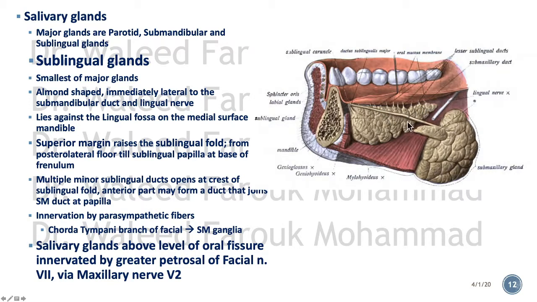And the gland itself opens by numerous ducts or ductules, see those, in this transverse fold. Actually, the anterior part of the gland may join the submandibular duct to open into the papillae. But if you are asked about the way the gland opens, it opens by numerous ductules or ducts in the floor of the mouth, raising the transverse sublingual fold, raised by the gland itself.